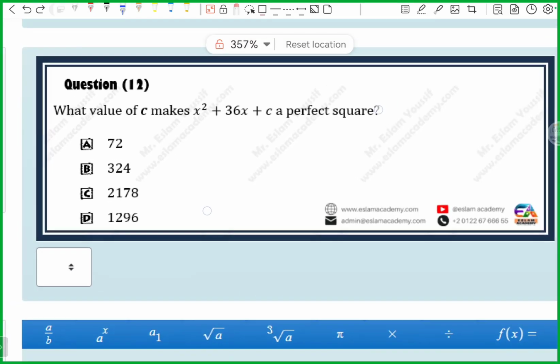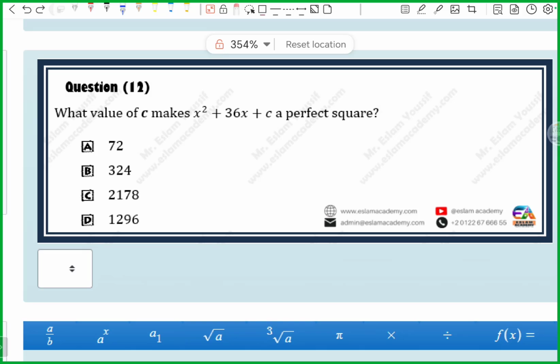The question that we have, we need to find the value of C. How can I find the value of C? There is a small formula. The expression is written as ax^2 + bx + c. In all the questions related to C, a must equal 1. Is a equal to 1 in this question?